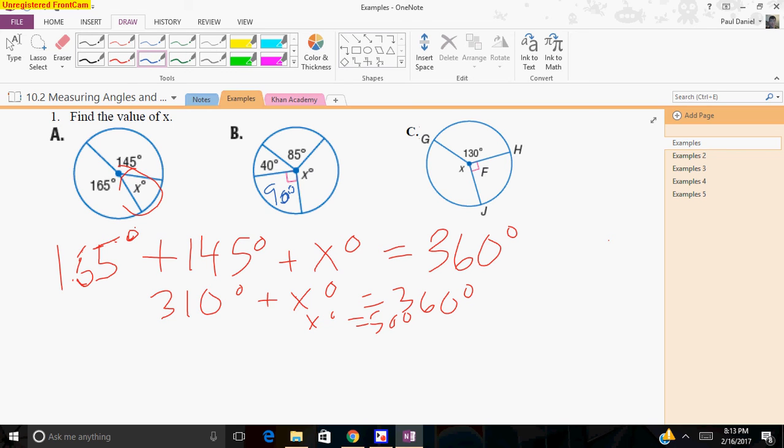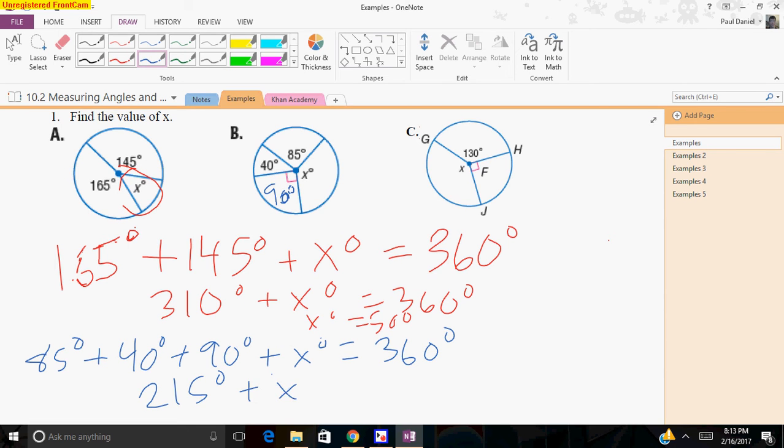So I know, the same way I did last time, that 85 degrees plus 40 degrees plus 90 degrees plus x degrees needs to equal the entire circle, which is 360. 85 plus 40 is 125. 125 plus 90 is 215. And so when I subtract 215 from 360, I get 145 degrees.